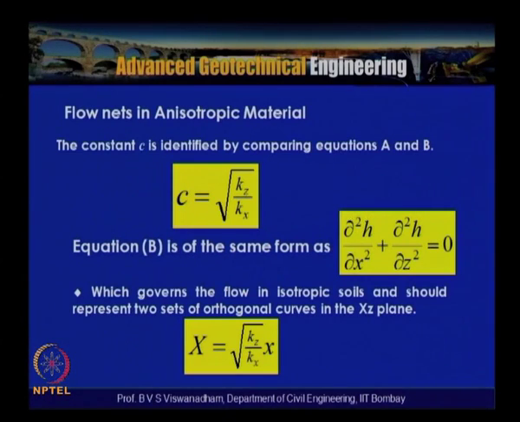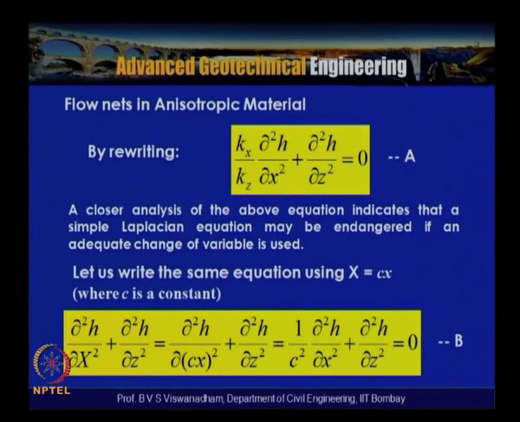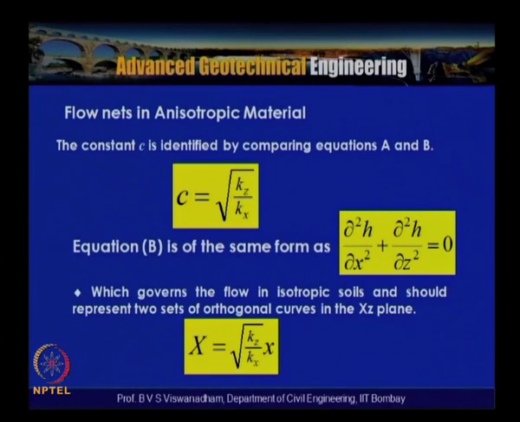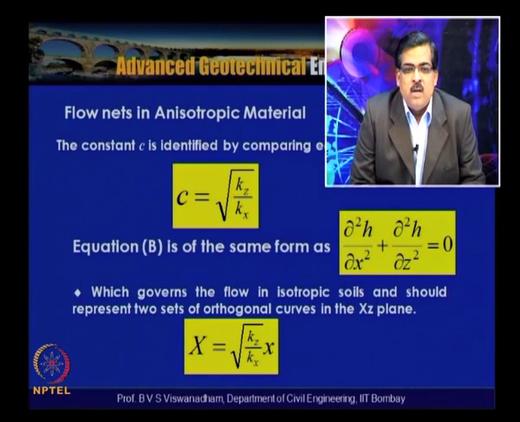Now the constant C is defined by comparing equations A and B. Equation A is Kx by Kz ∂²h/∂x² plus ∂²h/∂z² is equal to 0, and equation B is 1 by C squared ∂²h/∂x² plus ∂²h/∂z² is equal to 0. This gives the constant C as root over Kz by Kx.